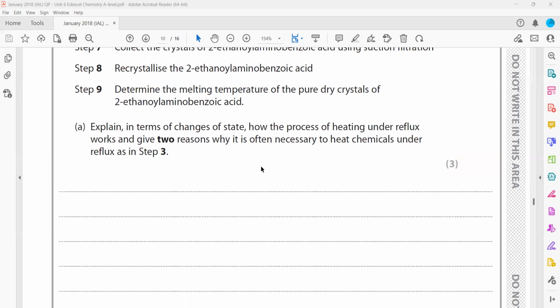And two reasons why it is often necessary to heat chemicals under reflux in step 3. Whenever we want to heat flammable liquids, this is a safe technique, enabling us to heat a flammable liquid safely. And the second thing, it also prevents escaping of the reactant or the product, or even volatile or flammable liquids.